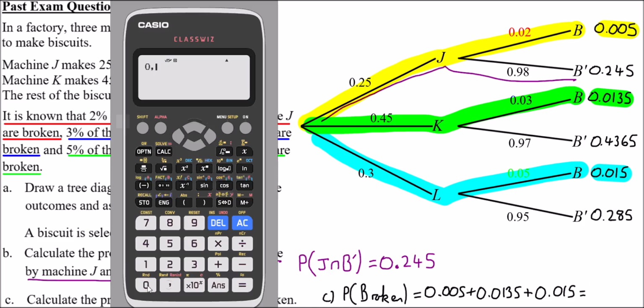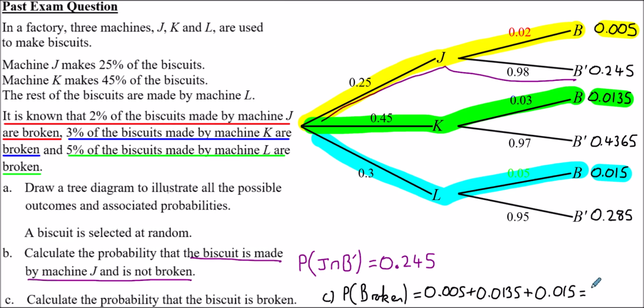So 0.005 plus 0.0135 plus 0.015. That gives us 67 out of 2000, which is fine if you want, or as a decimal we get 0.0335. So roughly a 3% chance overall of biscuits ending up broken on this factory line.